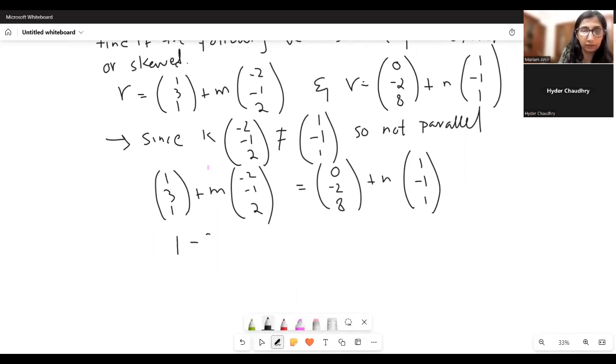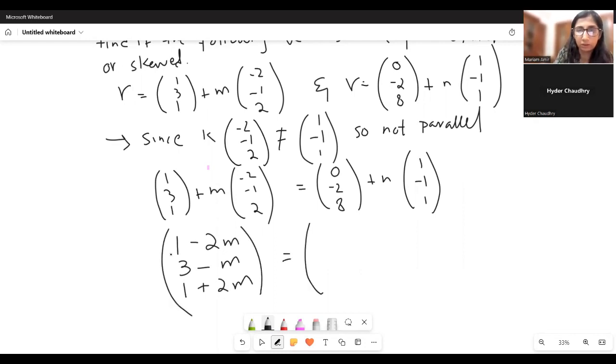So 1 minus 2m, 3 minus m, 1 plus 2m equals n, minus 2 minus n and 8 plus n. Okay. So we have 1 minus 2m equals n.